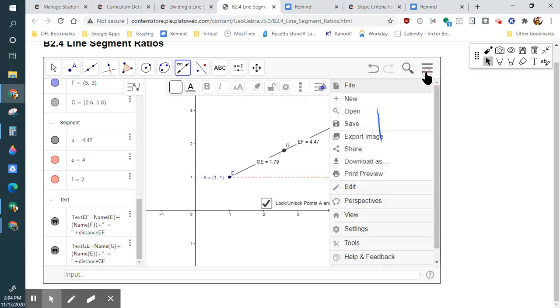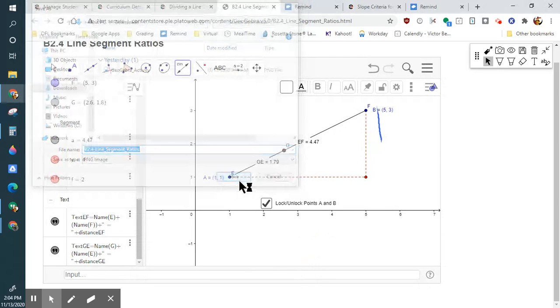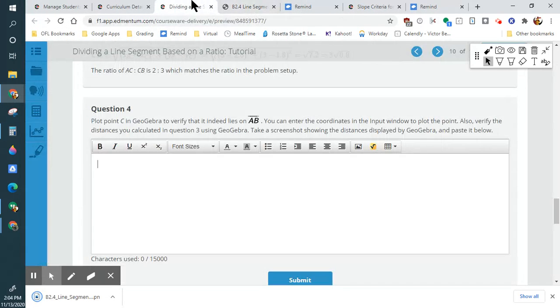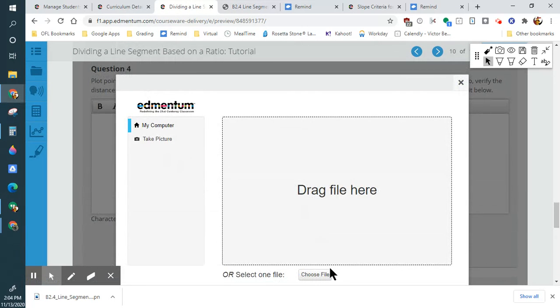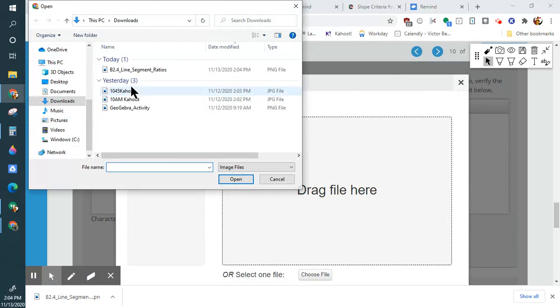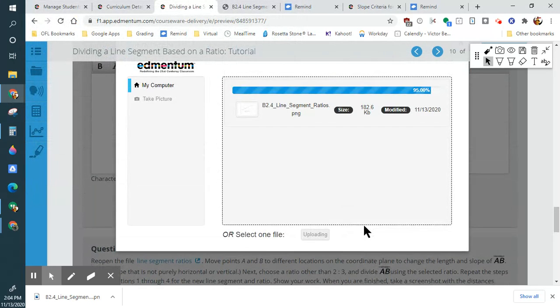So I'm just going to export image, download, save it. I'm going to insert image, choose a file, and this is the one from today. Wait for it to do it.